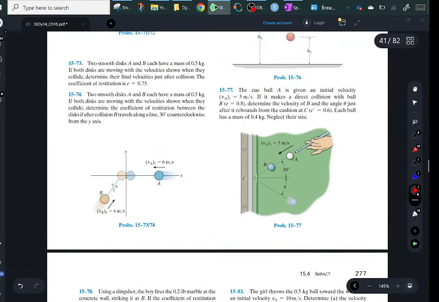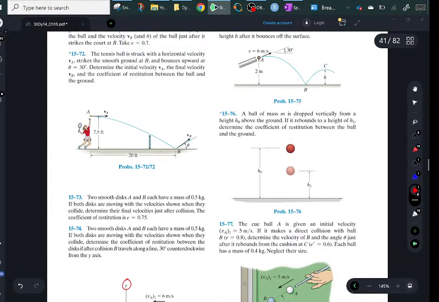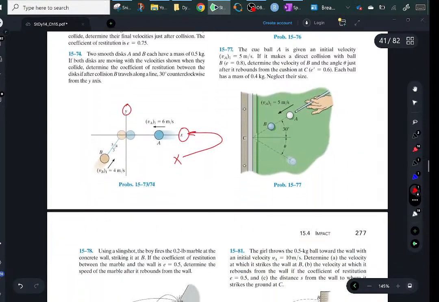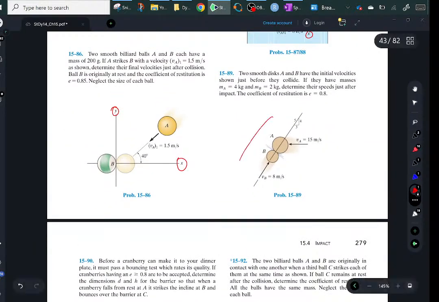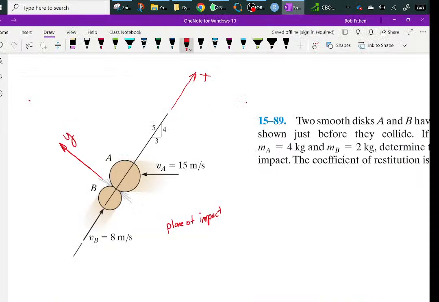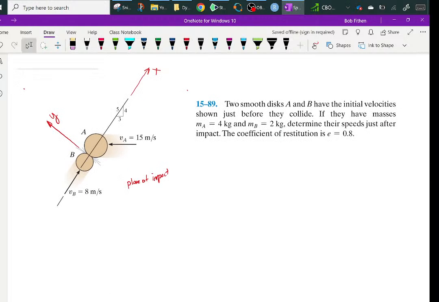Here he doesn't say anything. Here he says x and y. So he's getting you used to this concept that the impact is occurring along that x line. This was one of the first ones that I glanced at and saw that he didn't give you that indication. I don't really know if there's another one like this too.